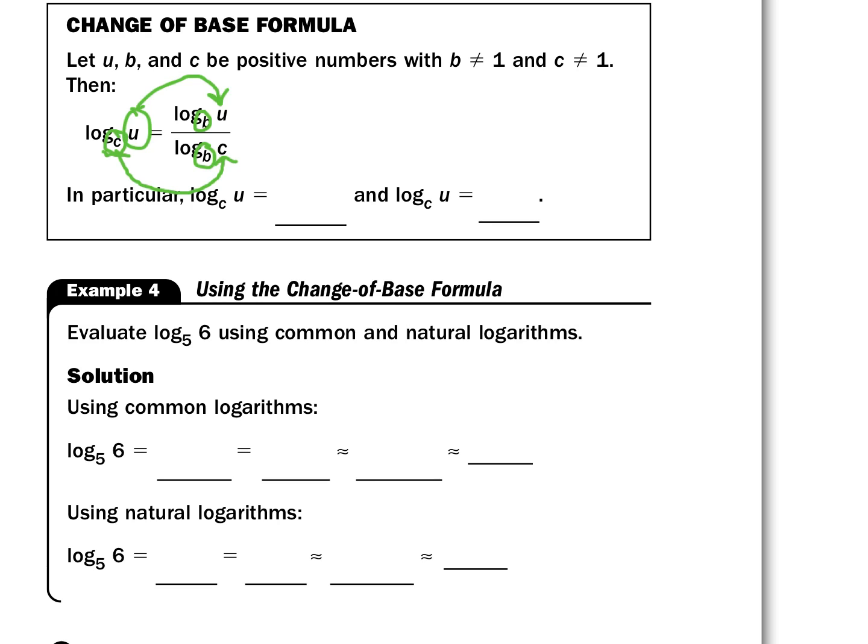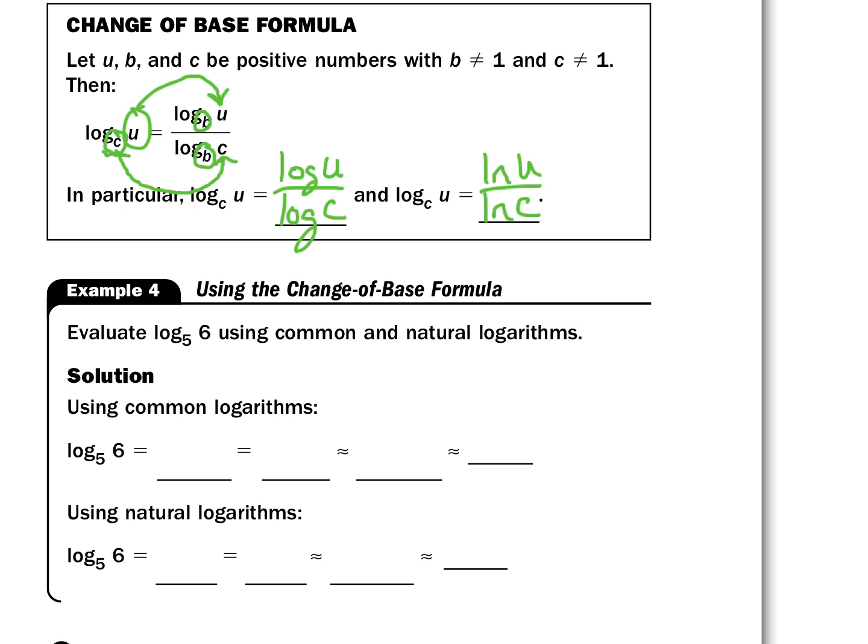So specifically, if we want to convert it to a common logarithm, in other words, log base 10, it would be log of u over log of c. And if we wanted to convert it to the natural logarithm, it would be ln, or natural log of u over natural log of c.